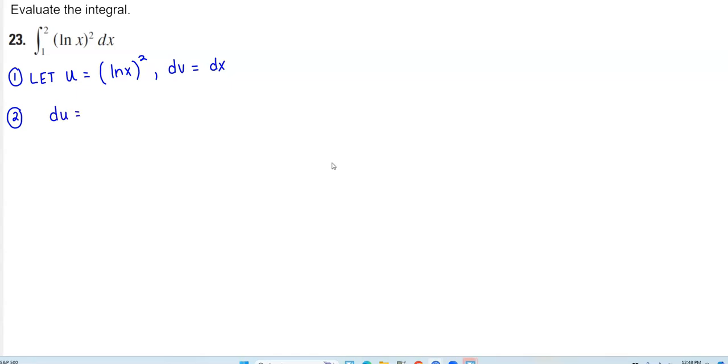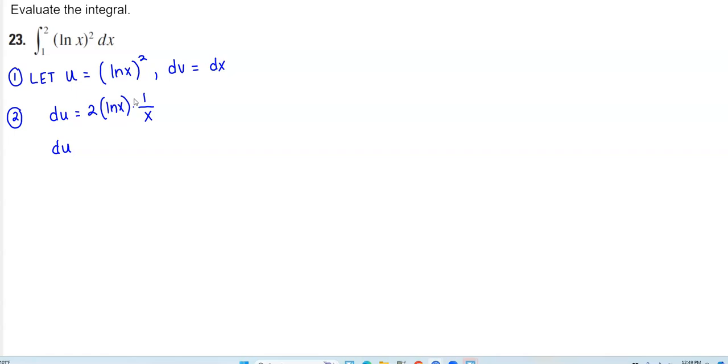Now when we take the derivative with respect to both sides, the derivative of the natural log of x squared is the following. We have the derivative, which is 2 times the natural log of x times the derivative of what's inside, which is 1 over x.